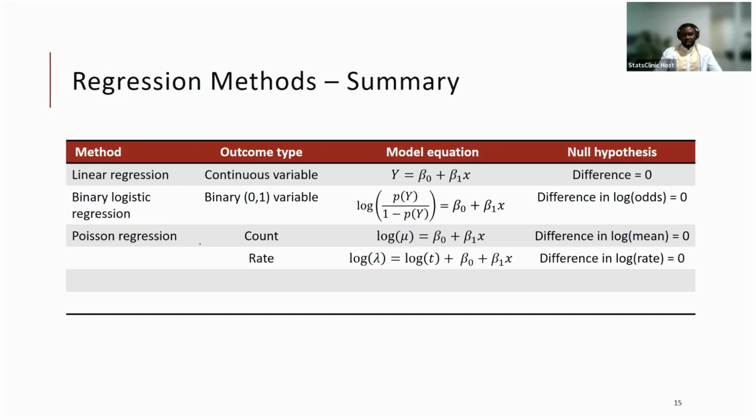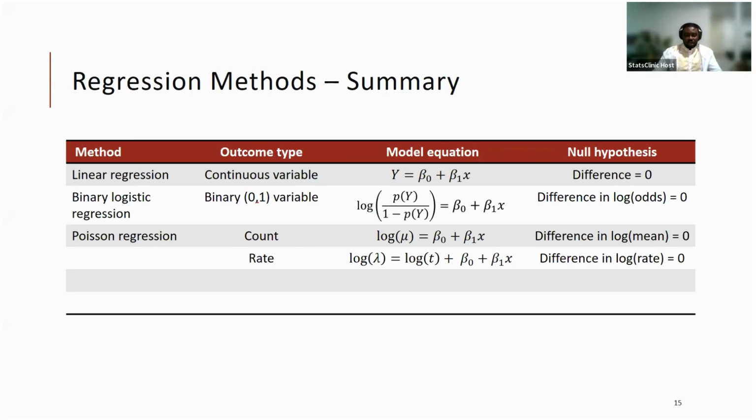Again, this is just updating the table that we just saw. In linear regression, we're looking at whether beta 1 is 0, whether for every increase in one variable, to what extent do you have an increase here.